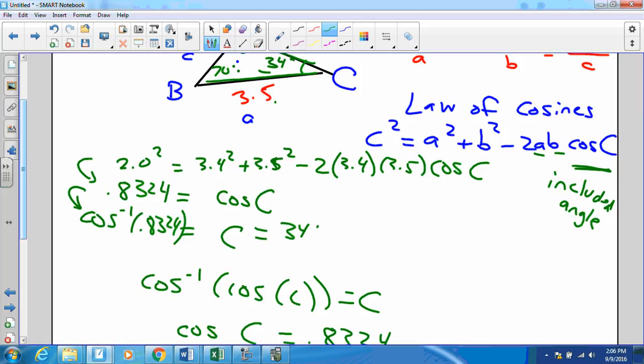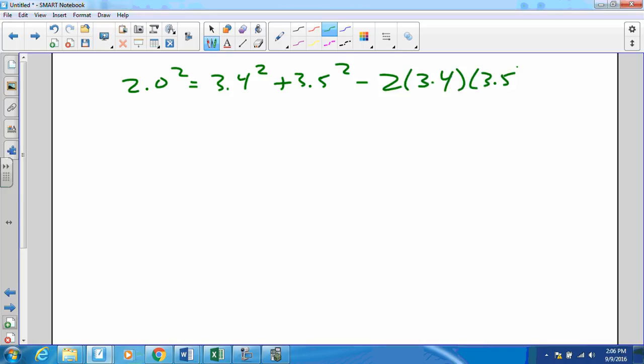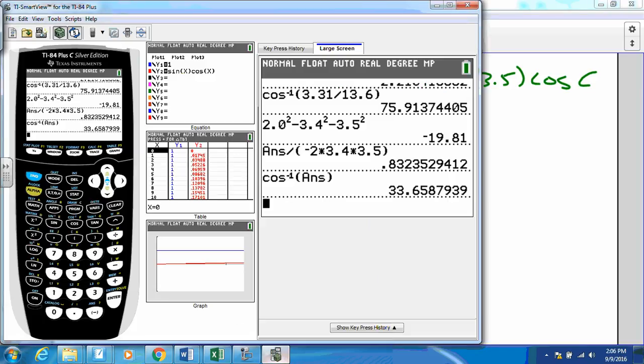I think this is right, but let's double check. So we have this equation right here. I'm going to write it again. 2.0 squared equals 3.4 squared plus 3.5 squared minus 2 times 3.4 times 3.5 cosine C. So it makes sense that I'm going to subtract 3.4 squared and 3.5 squared from both sides.